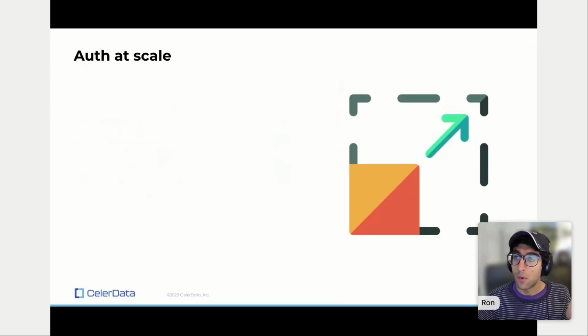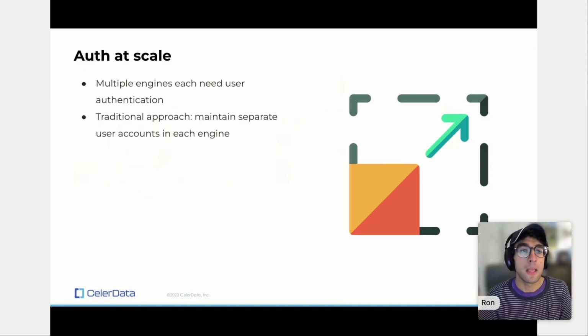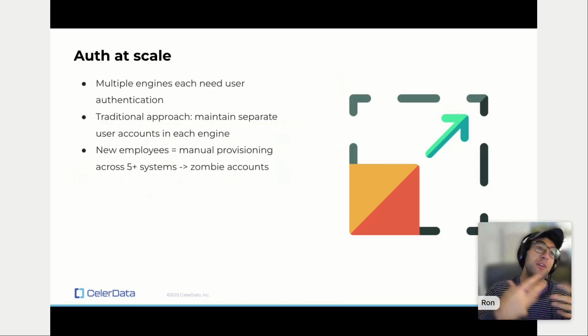Now, auth at scale. What is auth at scale? Auth at scale, that is where obviously we're catering to a big user environment at the enterprise level. So when you have auth at scale, in traditional senses, multiple engines need user authentication, right? Now, the traditional approach may be maintaining separate user accounts for each engine, right? Now, what does that cause? Well, you have new employees, you manually provision them on a per engine basis.